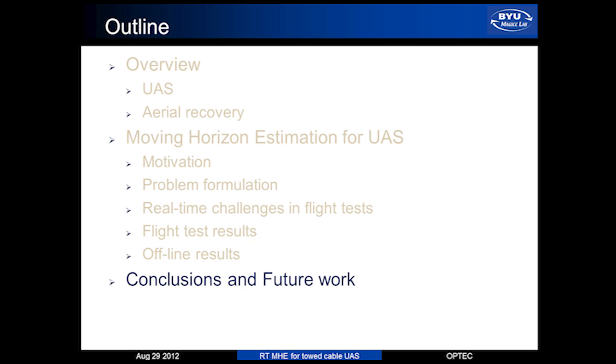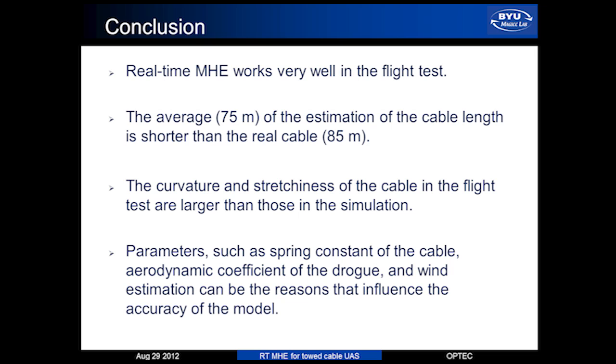For the conclusions, first we can see that the real-time moving horizon estimation for this cable system works very well in the real flight test. In the real flight test, the cable is around 85 meters long, but the average of the estimated cable length is about 75 meters.